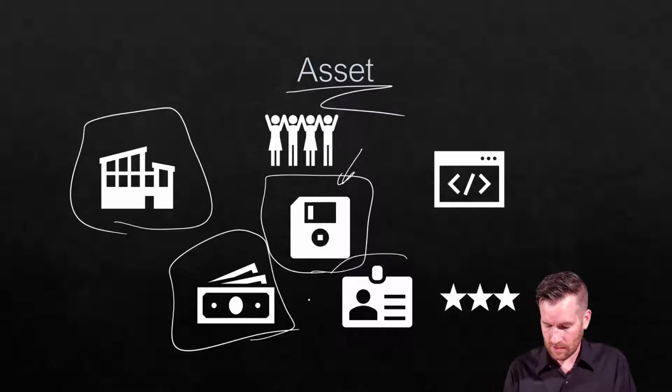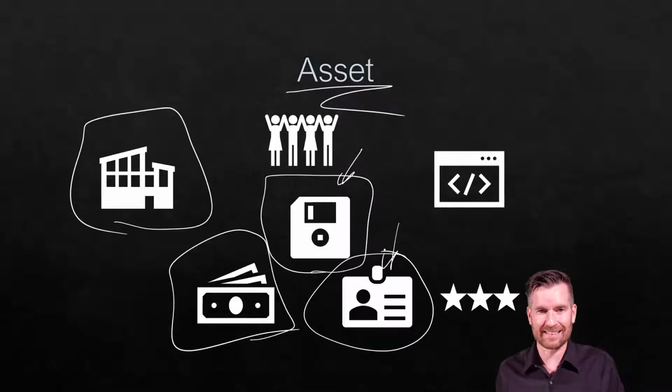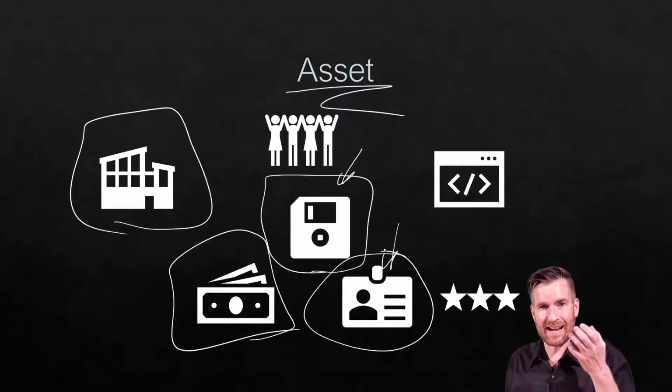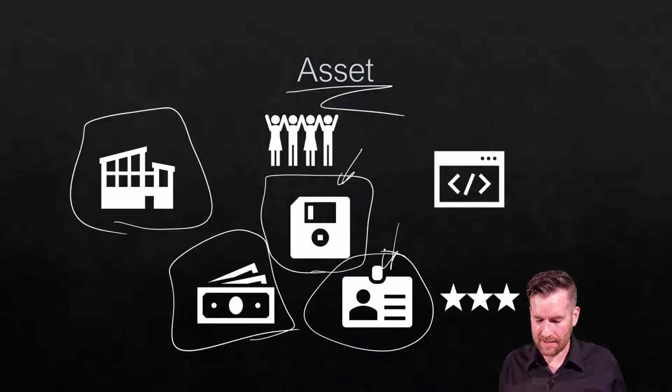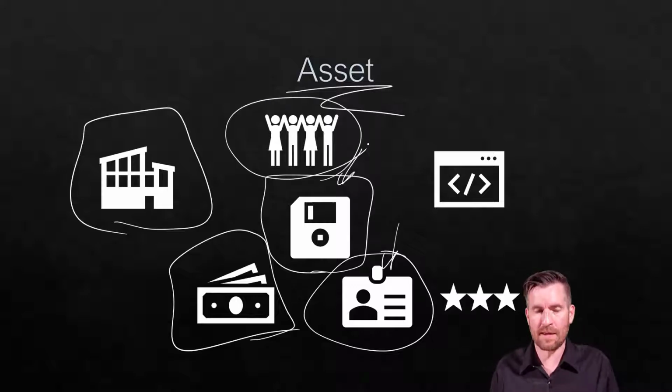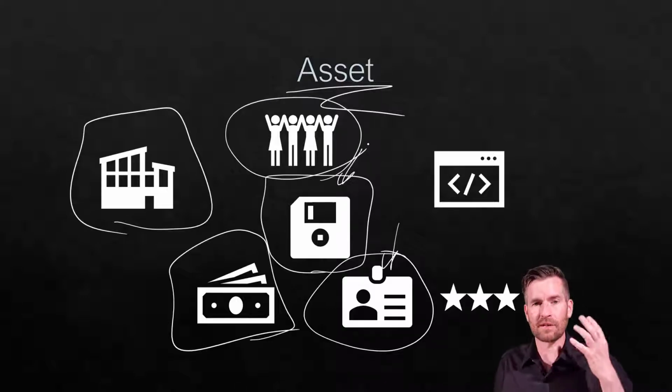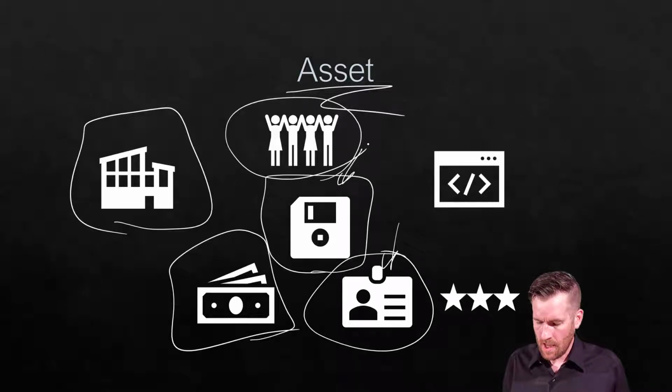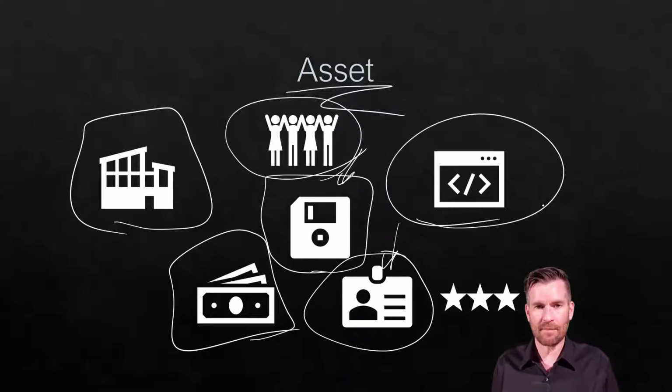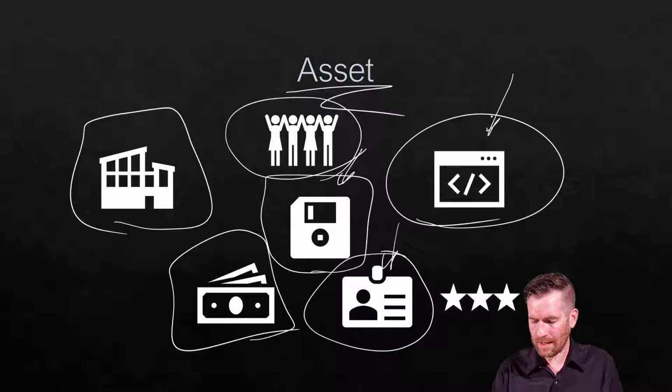Especially if it's customer data, if it has a list of customers, whether potential customers or their own customers, that is an asset that the company has. If you have really great people working for you, those people are assets to the company. Some sort of program or code could be an asset for the company.